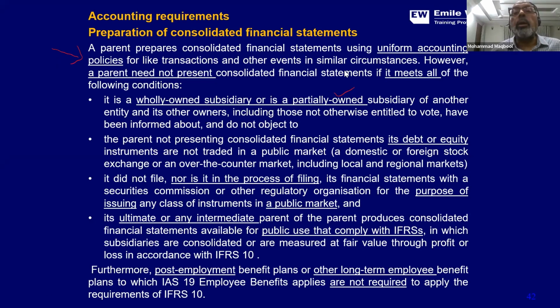The only difference is that with a wholly owned subsidiary you don't have to do anything further, but in the case of a partially owned subsidiary, you need to inform the other shareholders that you are not preparing the consolidated accounts and none of them has raised any objection. You have to inform them.